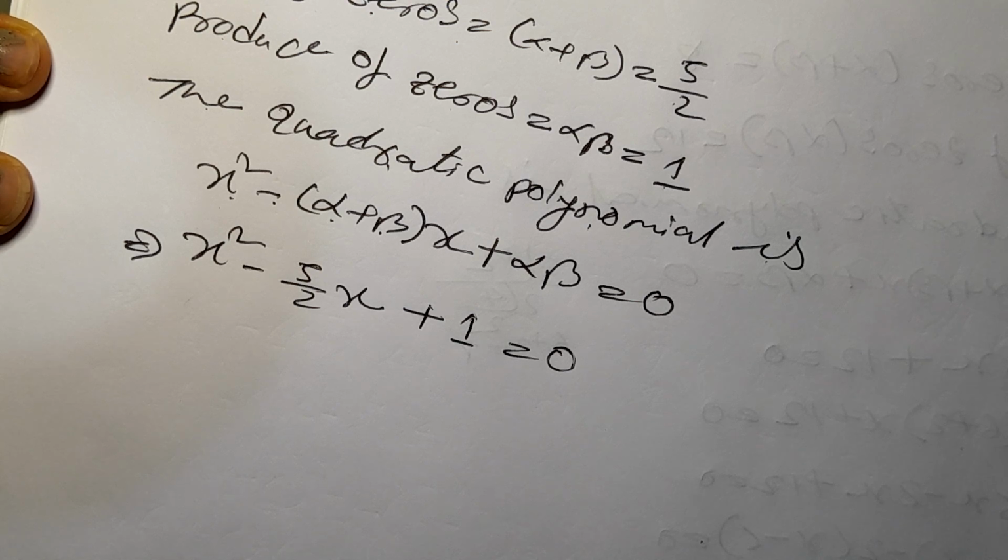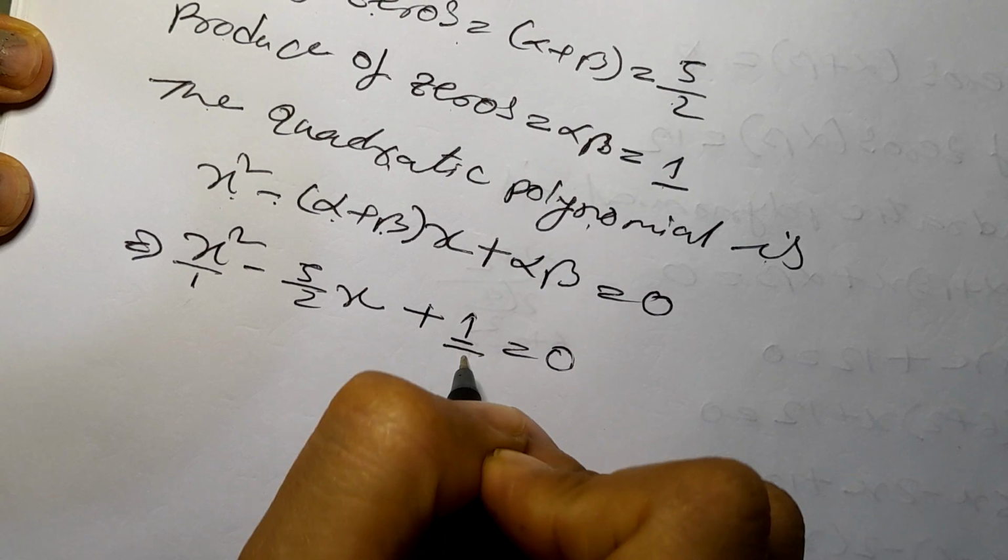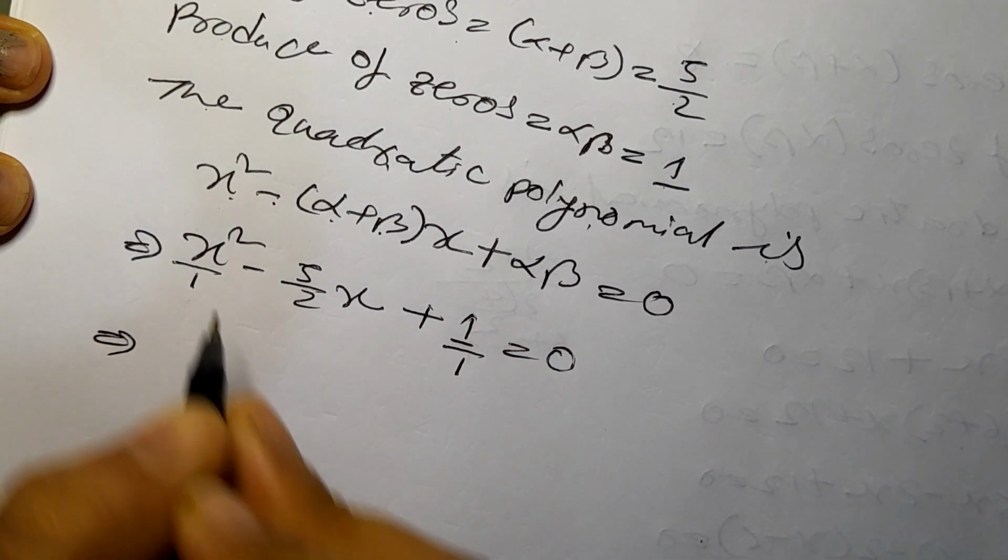How are you going to remove the fraction? Whenever the number is not in the form of a fraction, make it in the form of a fraction. How will you make it a fraction? Divide by 1. So equal to is divided by 1, this will also be divided by 1. So it all becomes fractions.